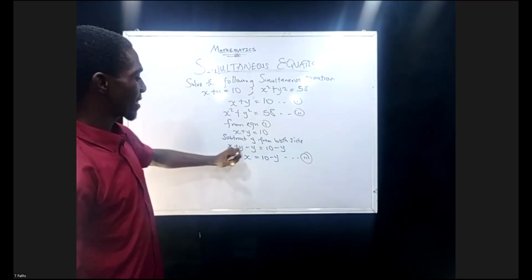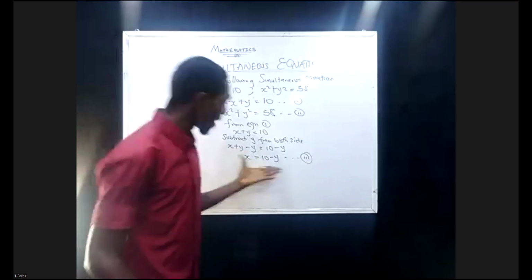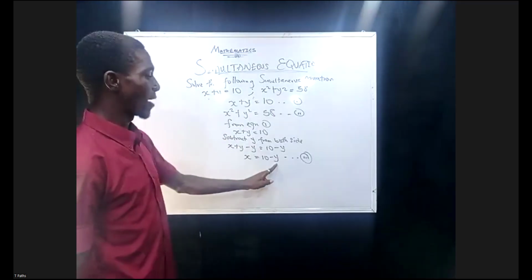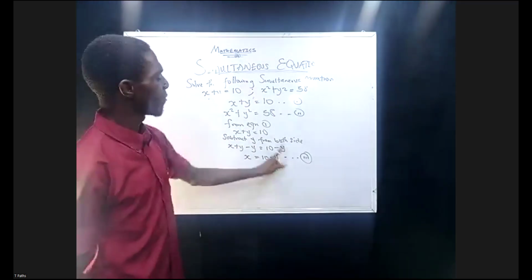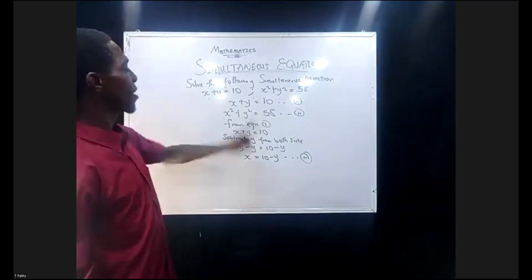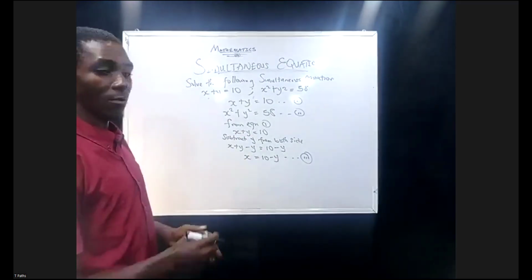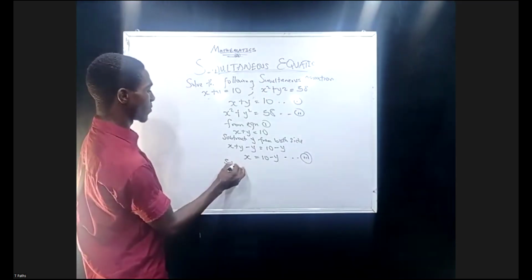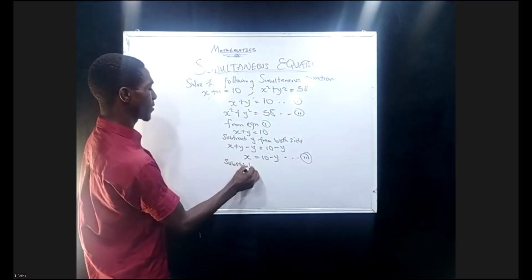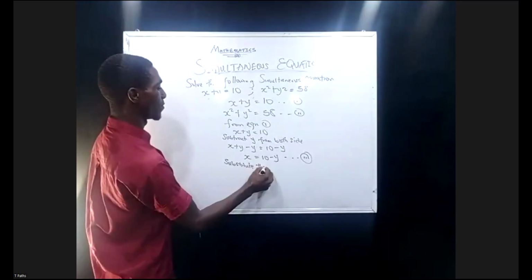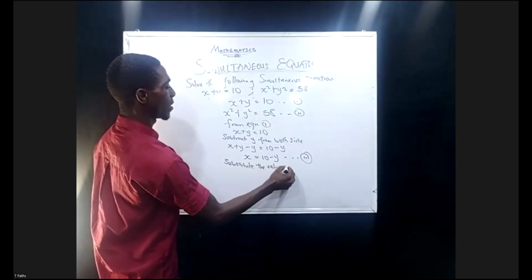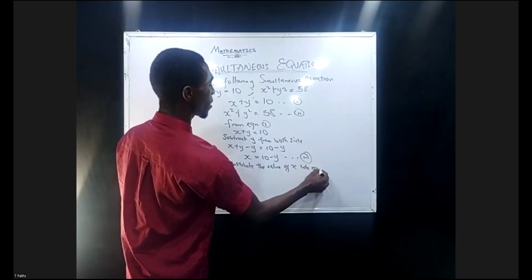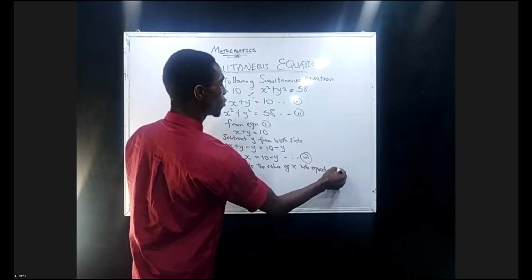The value of x here now has a defined value that has an unknown in it, which is y. So let us substitute the value of x here into the other equation to see if we are right or wrong. Yes, we say what? Substitute the value of x into equation 2.